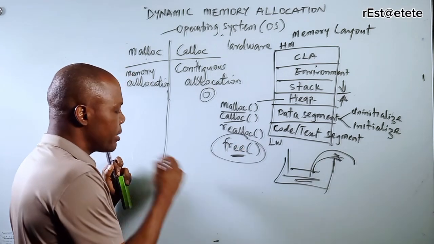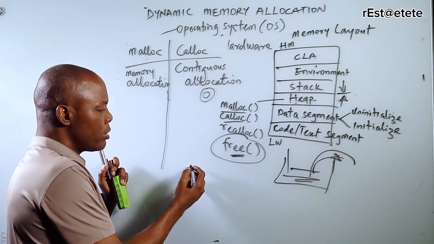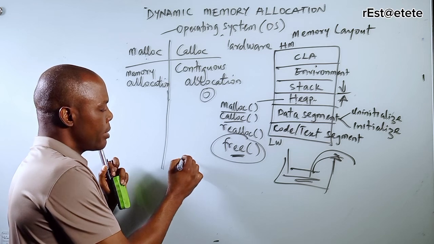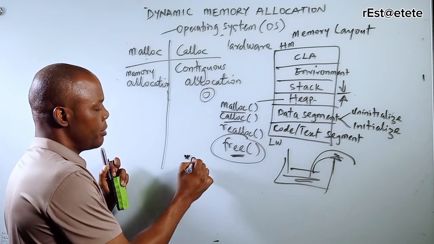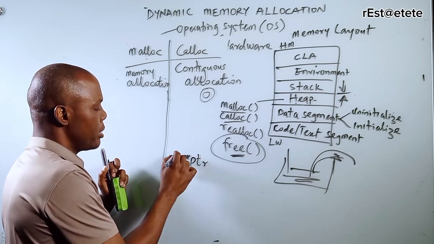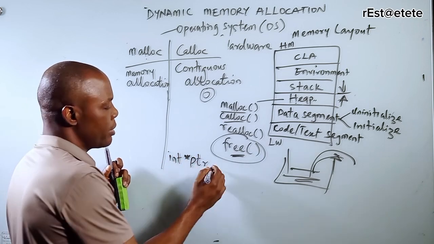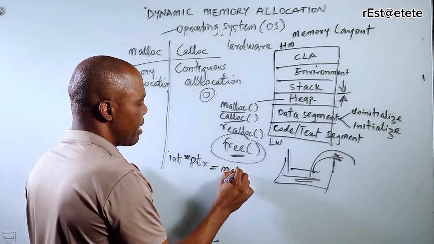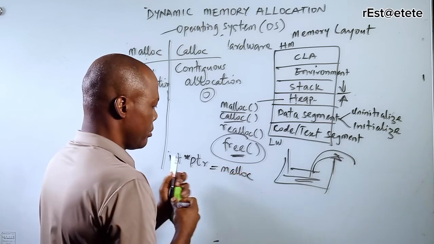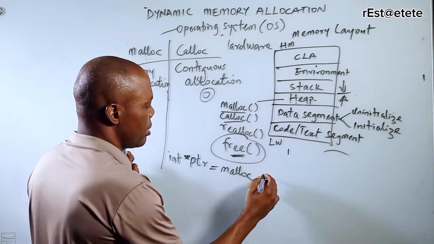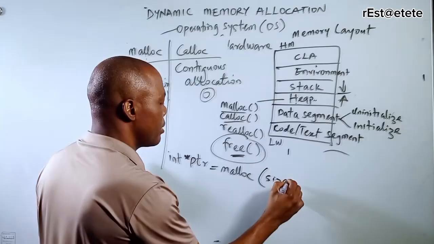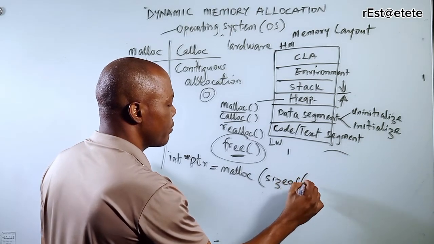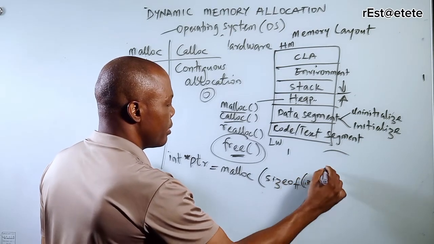When you meet something like int, let's say int *ptr, so this is an integer pointer, and then malloc, sizeof integer.